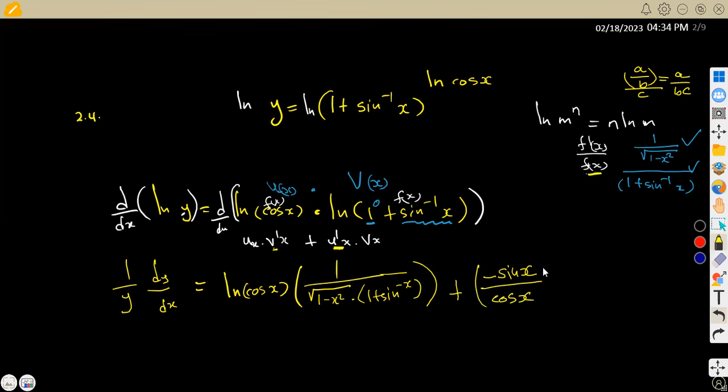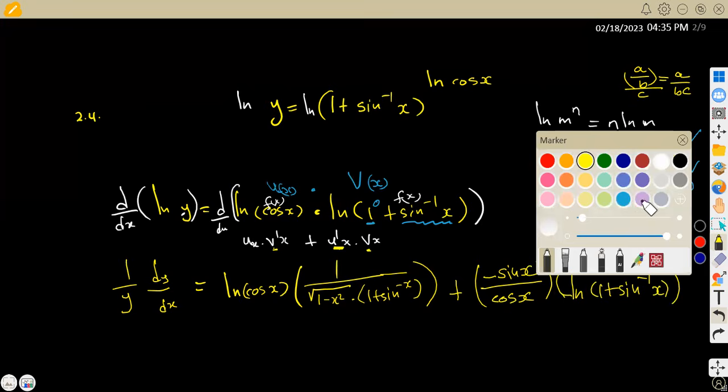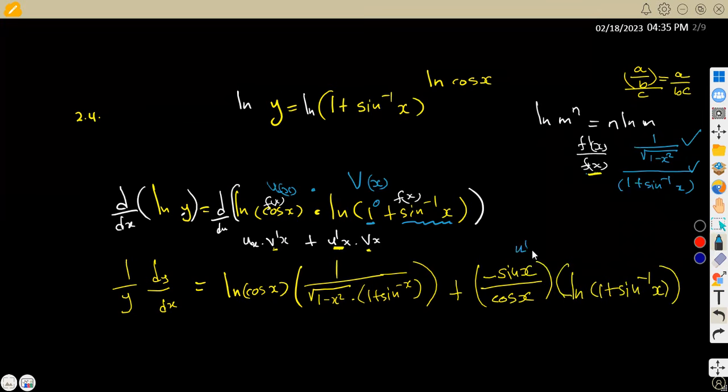Then whatever we are going to have, we multiply by Vx, of which our Vx is this whole function, let me write it this way, ln of 1 plus arcsine of x. So this is arcsine of x like this. So that is what we have. Like I said, this is the first derivative of u, this is Vx. The same here, this is ux, this is the first derivative of v.